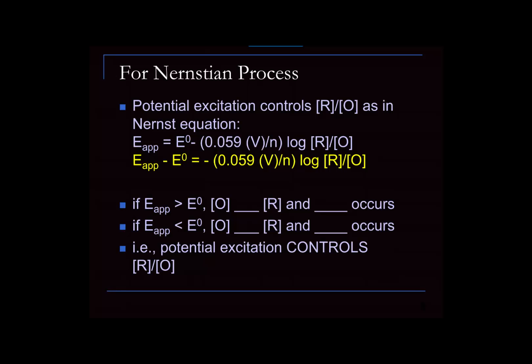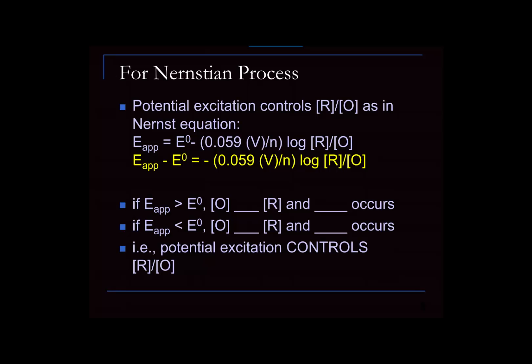So first, let's think together, what does it mean if E applied is greater than E naught? Well, then that difference is always going to be positive. And if that difference is positive, note that I have a negative sign on the right hand side, negative 0.059 times the log of that ratio. Then it means that that log ratio has to be negative.